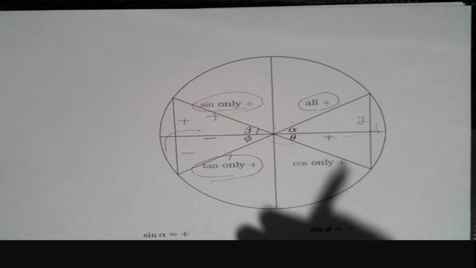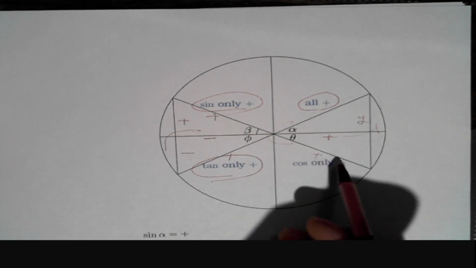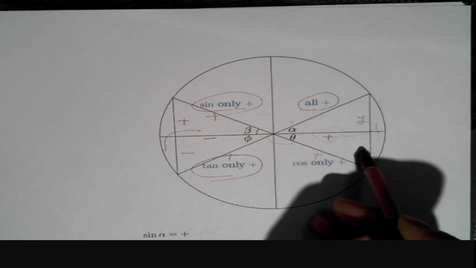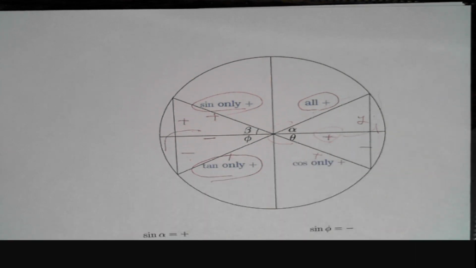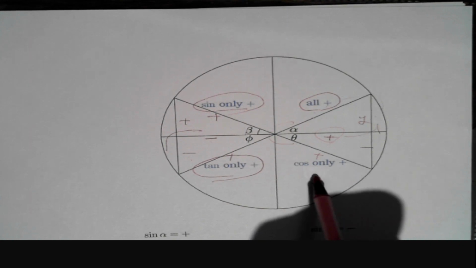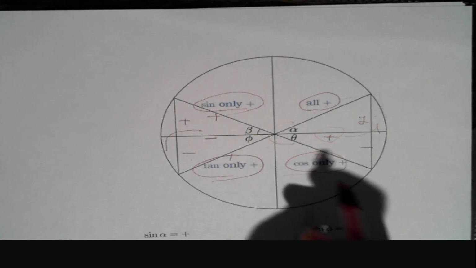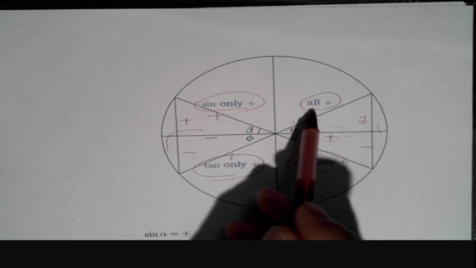And in the same way, in the fourth quadrant, x value is positive, y value is negative. So in quadrant 4, only cosine is positive.